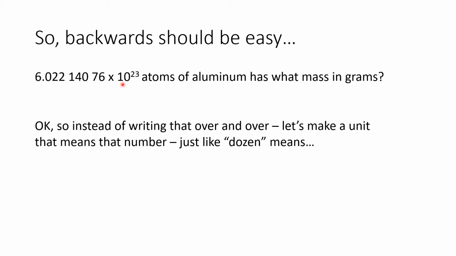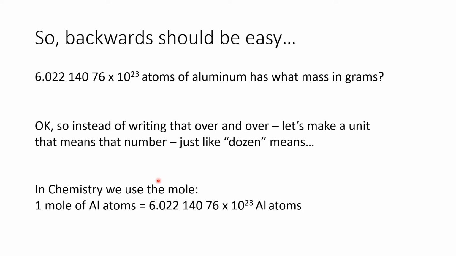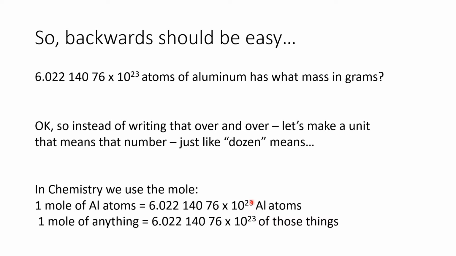Instead of writing this number over and over again, we just say, well, it's a mole. This is 1 mole of aluminum atoms, or you could have a mole of whatever different things. So we always just use a mole of things. It is representative of that number. A mole of anything is that number of things.